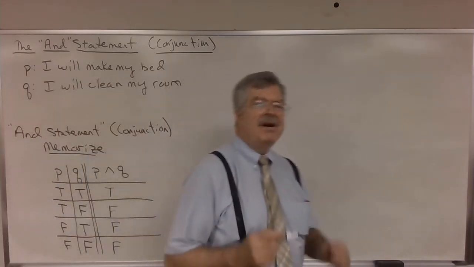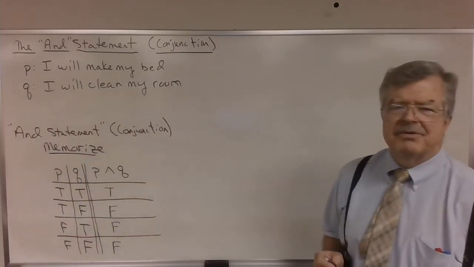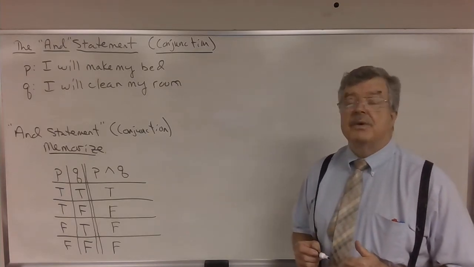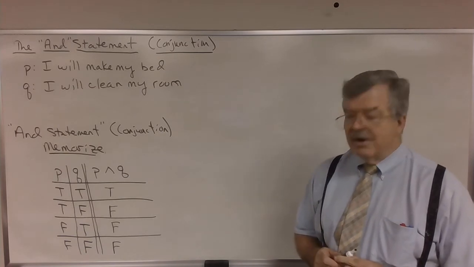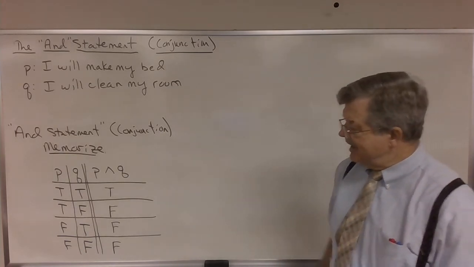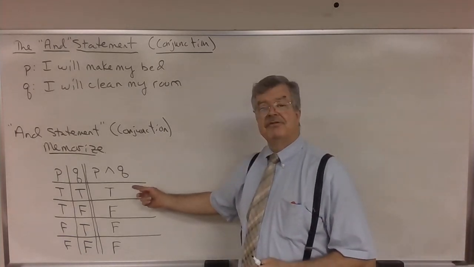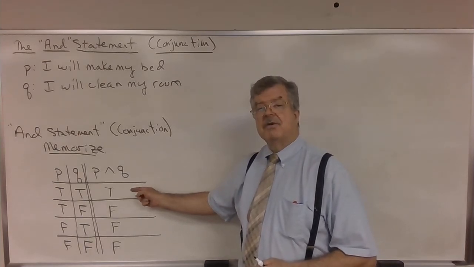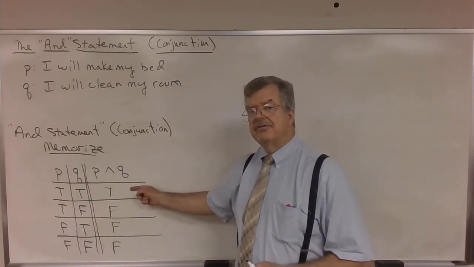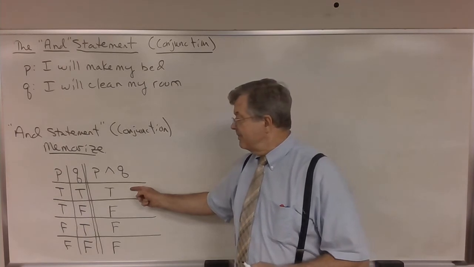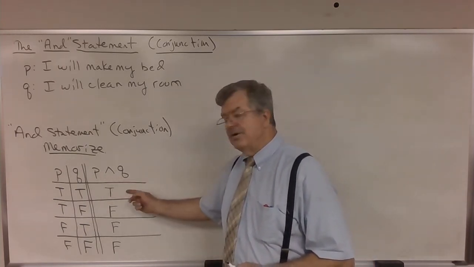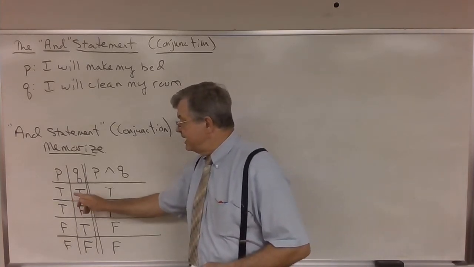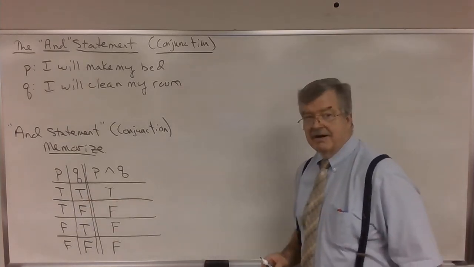Well, again, it can be hard to memorize an entire truth table. So we do what most people do who know their truth tables. We hone in on that special case. Only under one set of circumstances is this table true. The statement P and Q is true exactly when both P and Q are true.